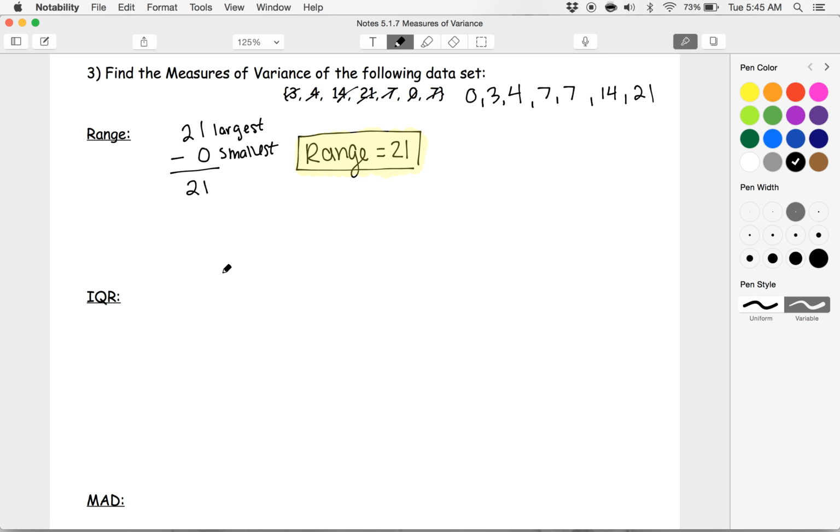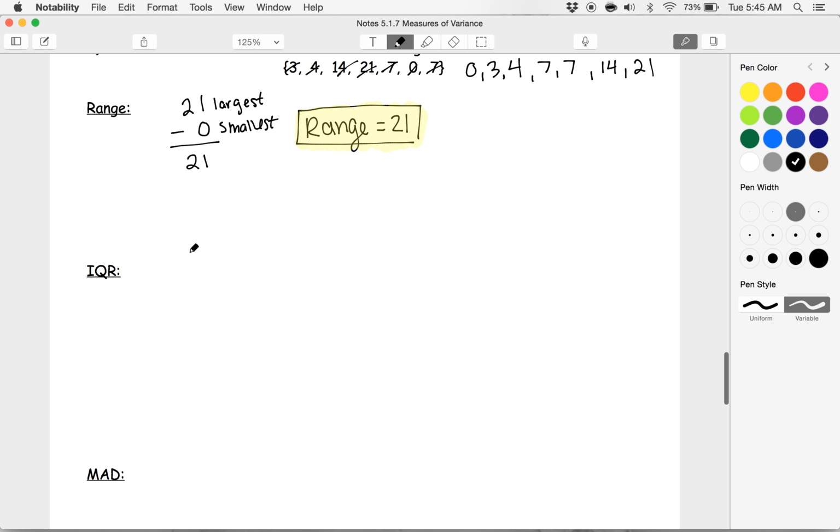Okay, next is IQR. So we're going to write that list again. 0, 3, 4, 7, 7, 14, 21. We need to find the middle number. So I'm going to cross out, cross out, cross out. It looks right here. 7 is my quartile 2.